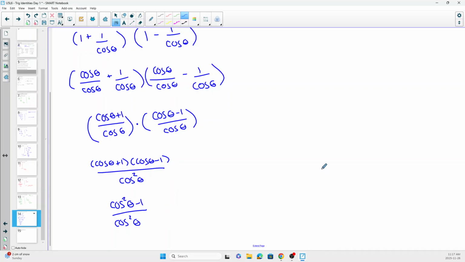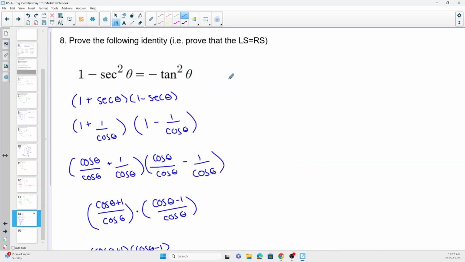The reason I say that is we know ultimately we're trying to get to tan squared theta, and right from the hop, we probably should have gone over here and said that this right side is equivalent to negative sine squared theta over cos squared theta.